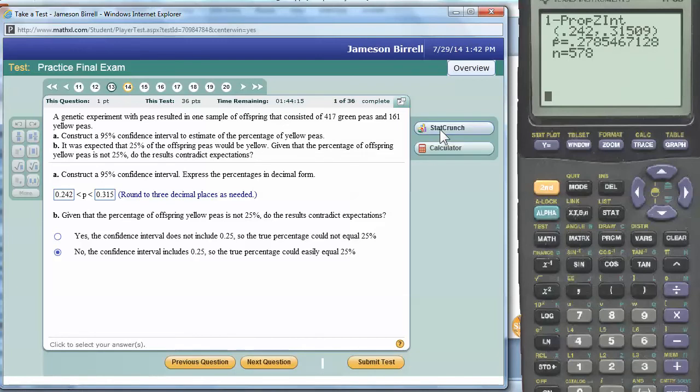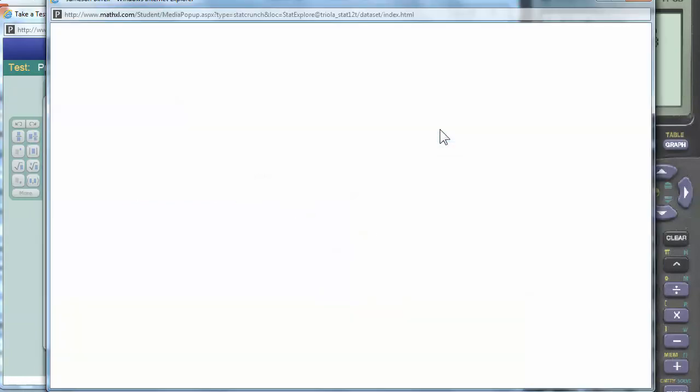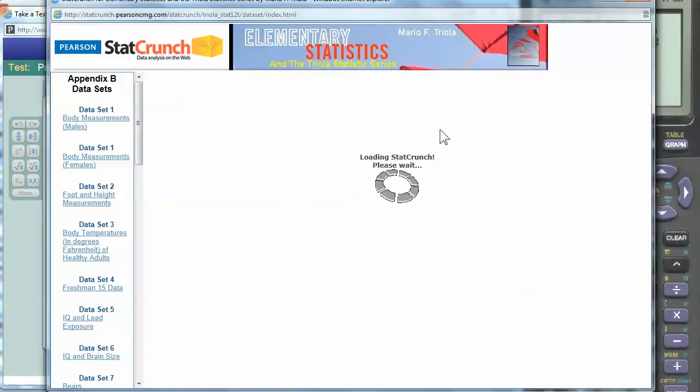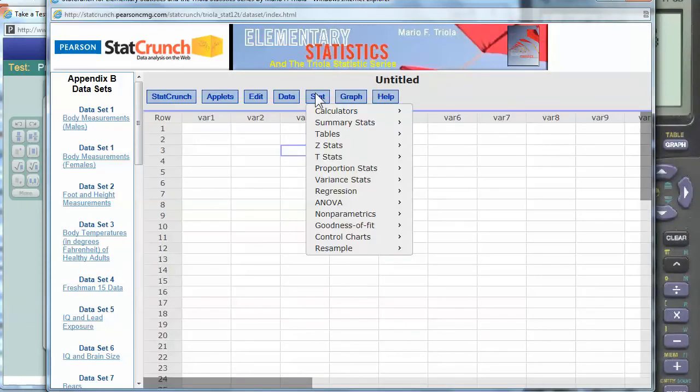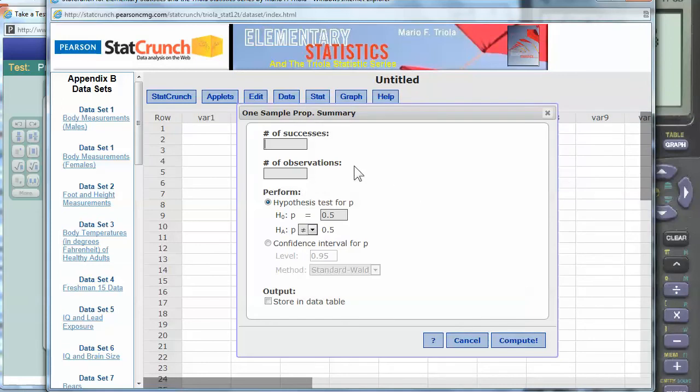By the way, StatCrunch for this problem, if you're just trying to stay with that, which is not a bad idea, is done by doing stat, proportion stats, one sample, with summary, because we don't actually have the data, but we know that 161 of them were yellow, and the sum of the two was 578.